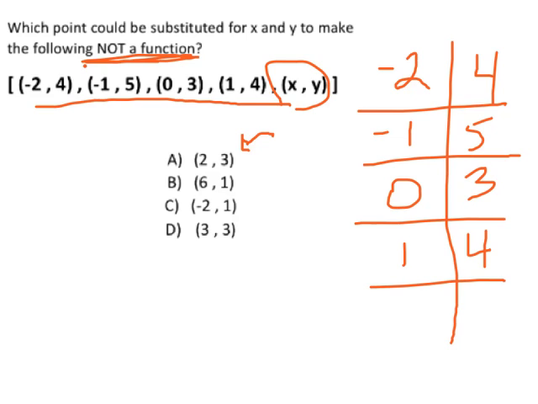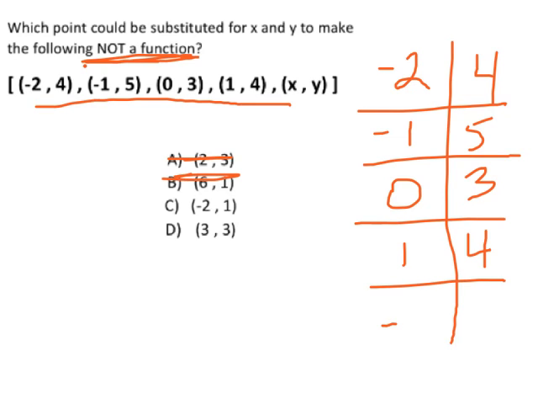So first, if we put in 2 and 3, would that make this not a function? No, 2 and 3 is fine because no x values are the same, so that is not the answer. What if we put in 6 and 1? Would that make this not a function? No, 6 and 1 would be fine, so that is not the answer either.